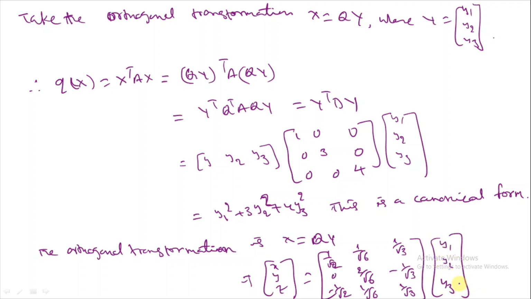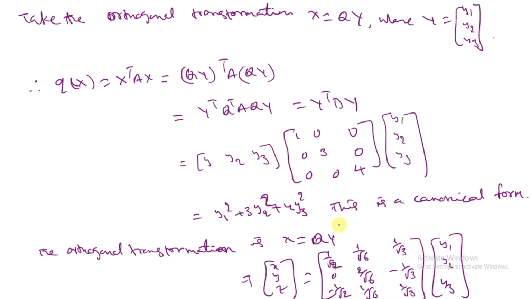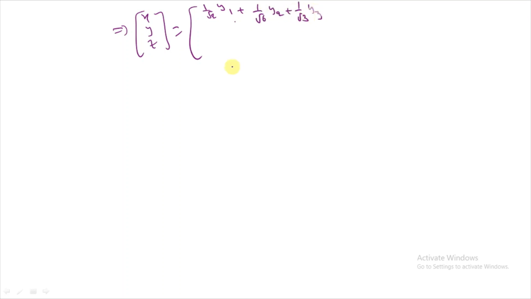Now the two matrices are equal. This implies x, y, z equals, multiplying this out: x equals 1 by root 2 y1 plus 1 by root 6 y2 plus 1 by root 3 y3.